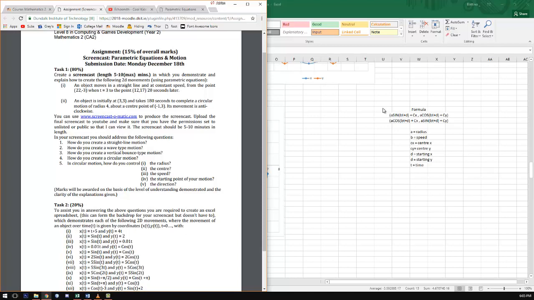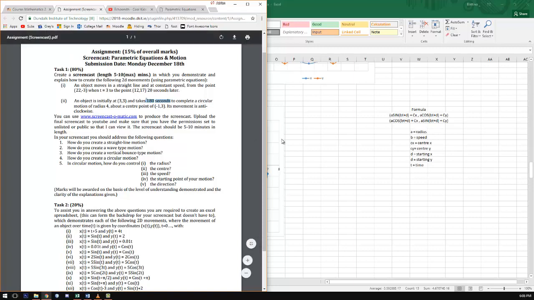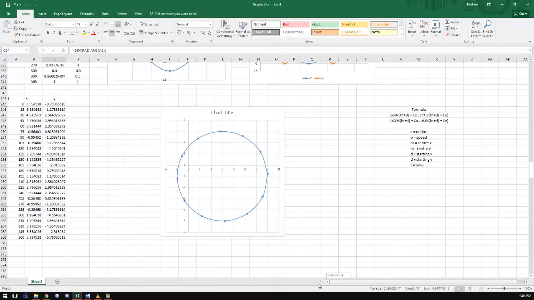So we have a formula here which is a sine bt plus d plus cx and so on. A is the radius, so if we multiply sine and the angle inside by a, such as this time it'll be 4, and then b is the speed. This wants 180 seconds to complete a movement. Normally it's 360, so we just multiply it by 2, speed of 2 to double it.